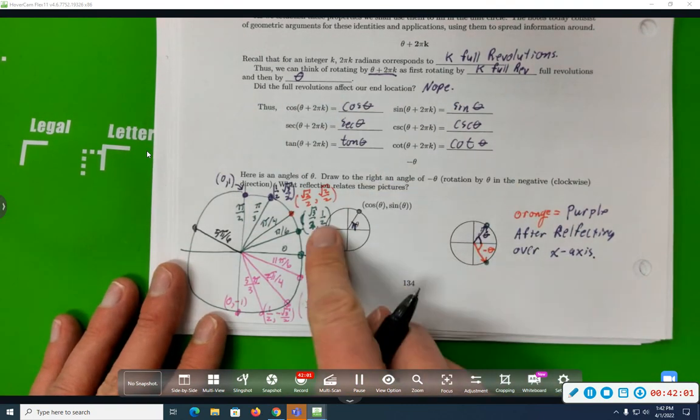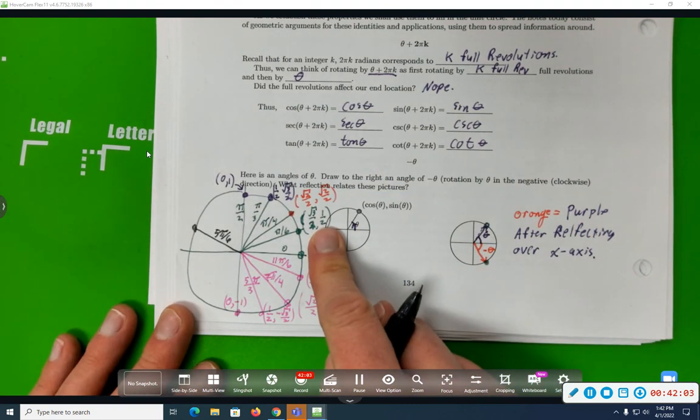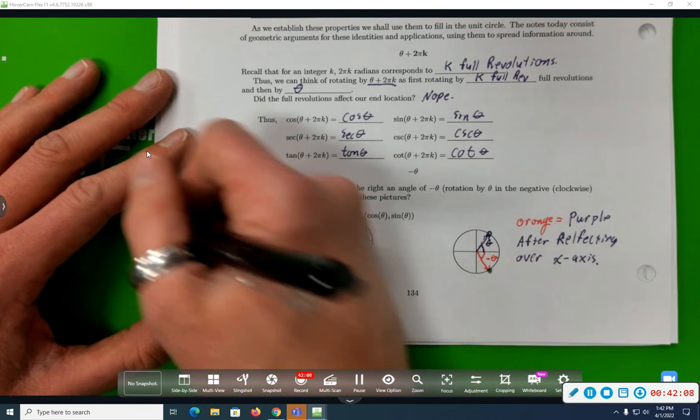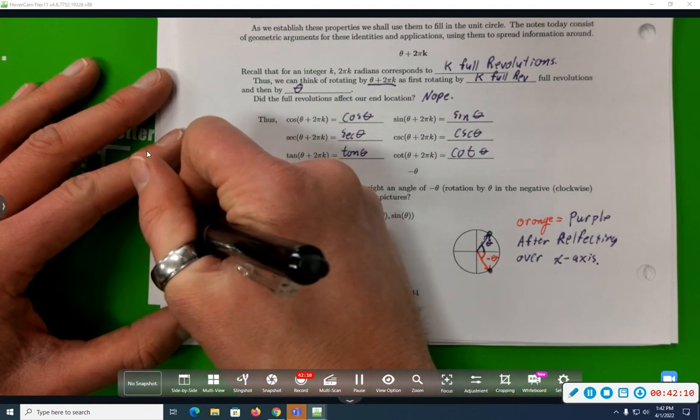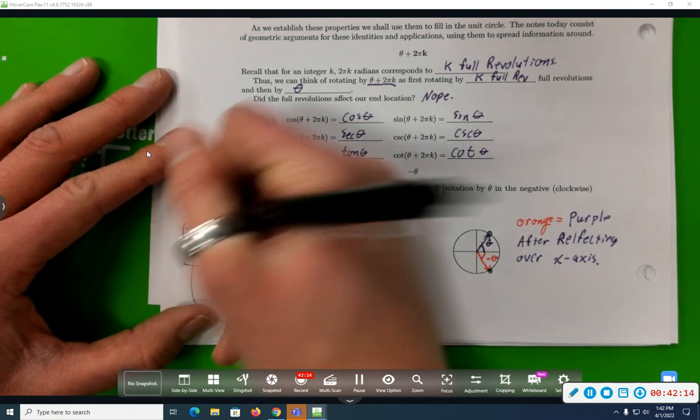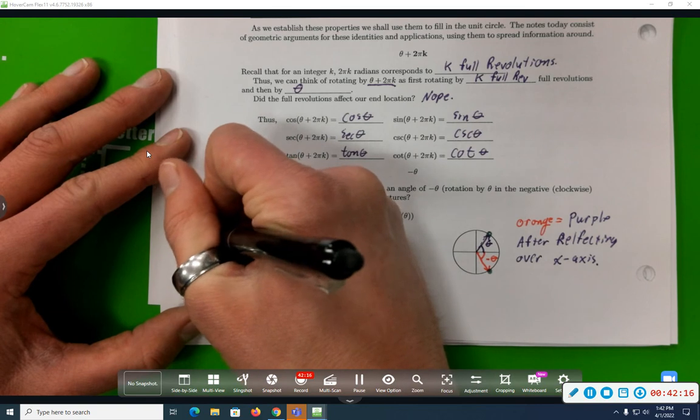It'll be exactly the same as that point, but the x-coordinate will be negative. So trig functions of 5 pi over 6: you can compute by knowing that cosine is negative root 3 over 2 and sine is 1 over 2.